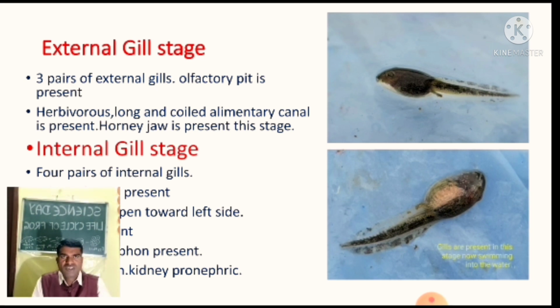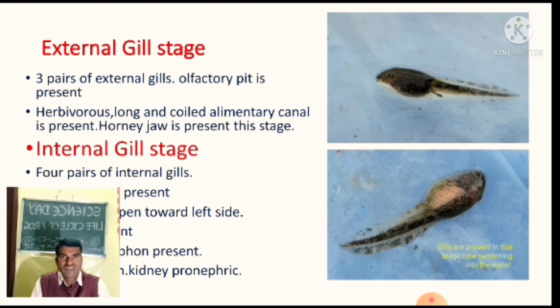Here, three pairs of external gills, olfactory pit are present, herbivorous, long and coiled alimentary canal is present, horny jaws are present at this stage. See here, the limbs are also coming somewhat outside, and the gills we can observe very clearly. With the help of gills they are doing respiration.